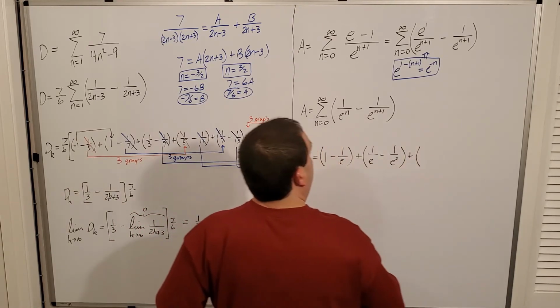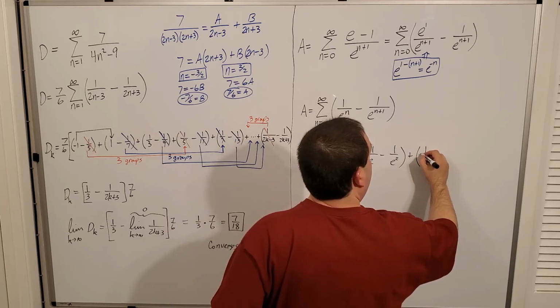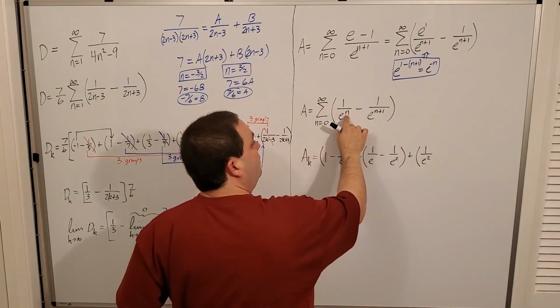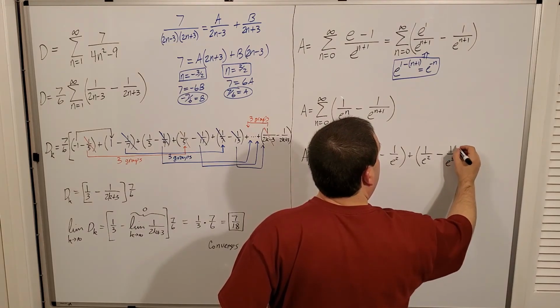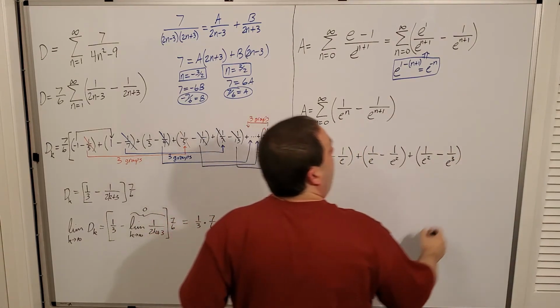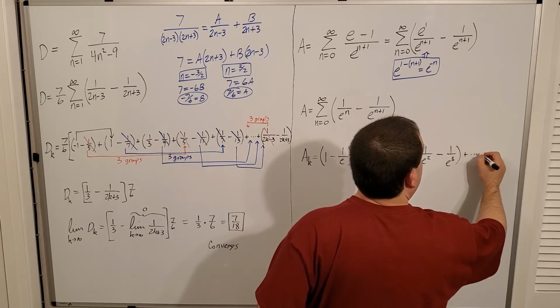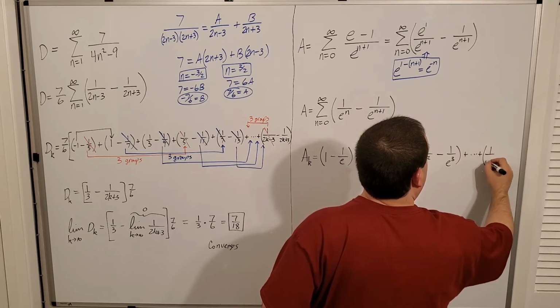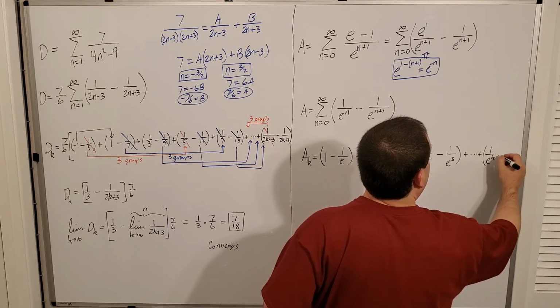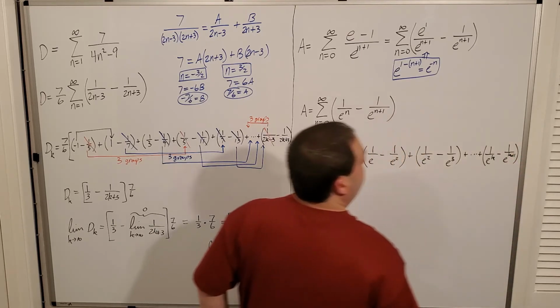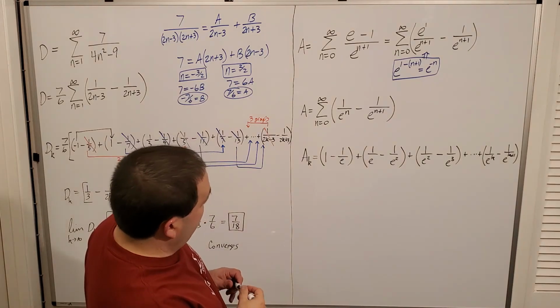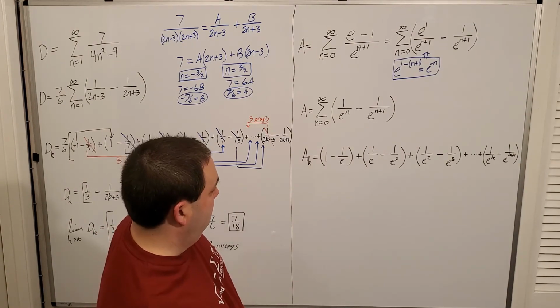Plus, when n is 2, I'll have 1 over e squared, and then 2 plus 1, I'll have minus 1 over e to the third. And I hope you're already seeing the pattern. I'm going to go ahead and write the generic kth term, 1 over e to the k minus 1 over e to the k plus 1. And the pattern is immediate.